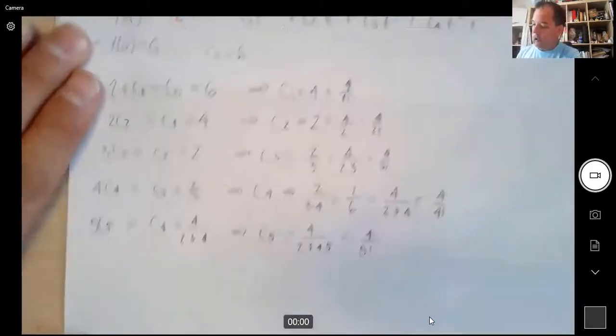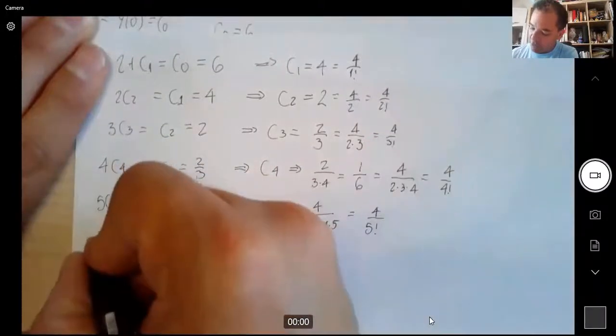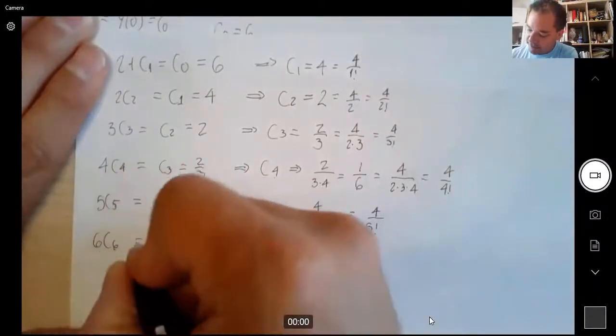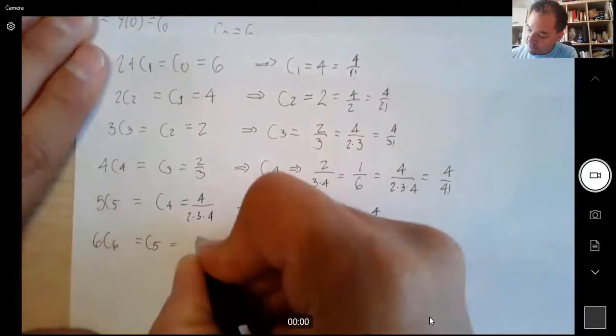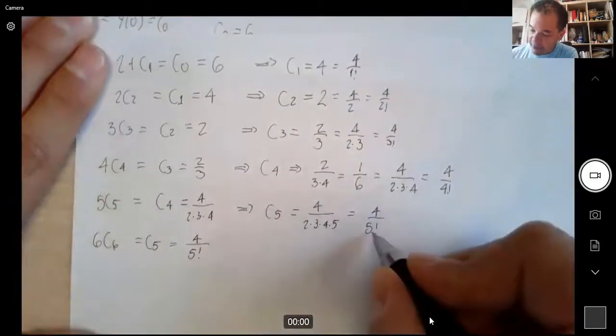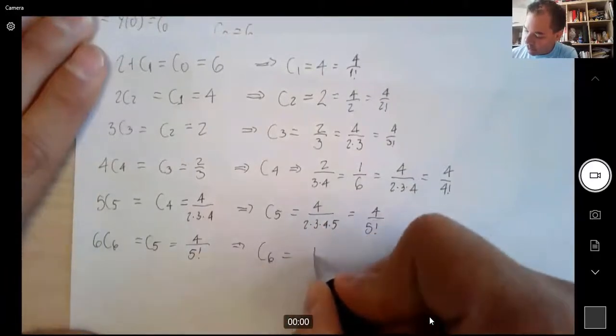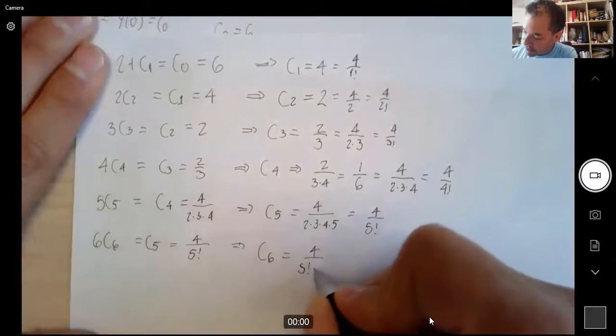So let's do one more and then just write down the pattern. So let's check if it works. The next one would be 6C6 is C5. Well, we know that C5 is 4 over 5 factorial, right? From here. So then C6 should be 4 over 5 factorial times 6.